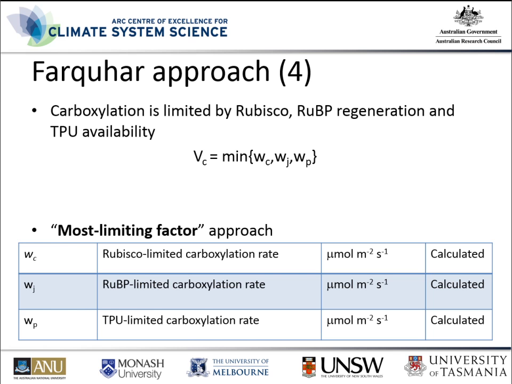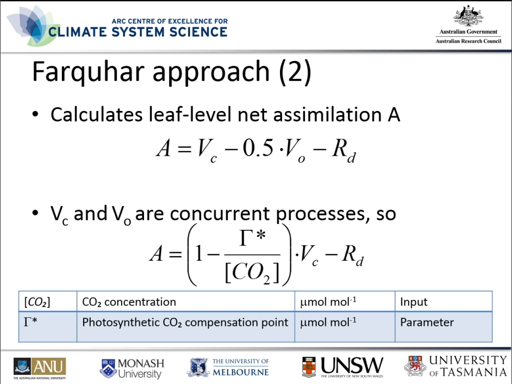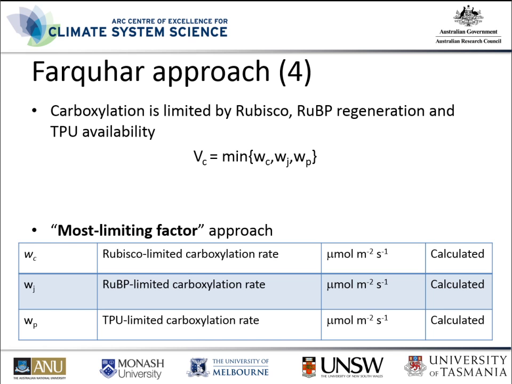Just going quick here. And then once you have this term here, you need to know VC, and VC is calculated as the most limiting factor. So we compute the carboxylation 3 times, and we choose the lower value we achieve.